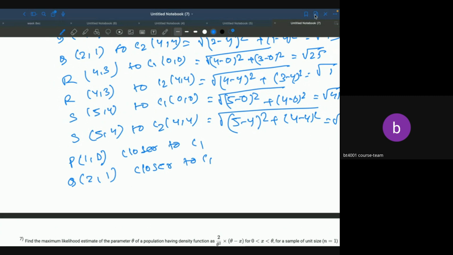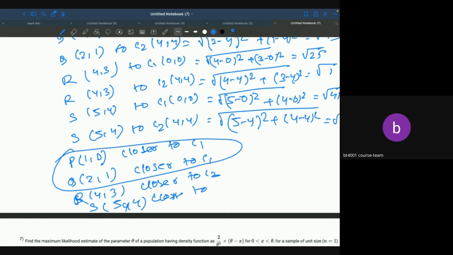R(4,3) is closer to C2, and S(5,4) is closer to C2. So one cluster will be formed from the first two points, and the other from the remaining two.